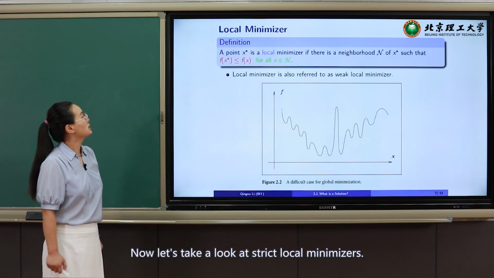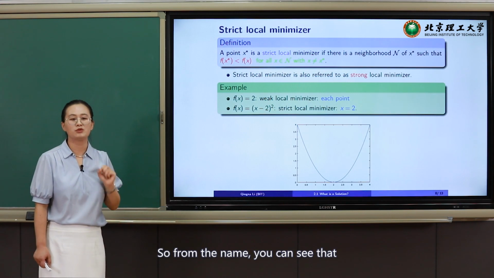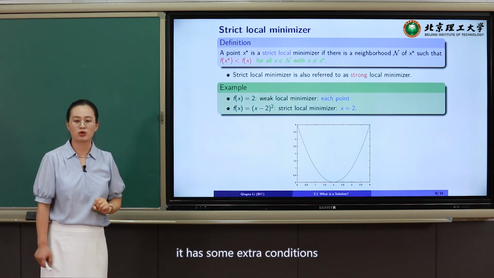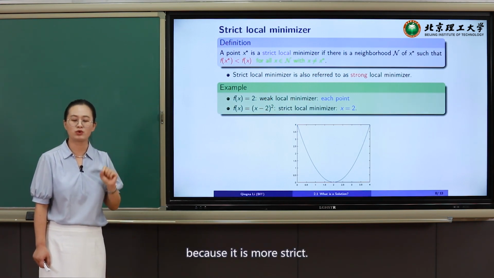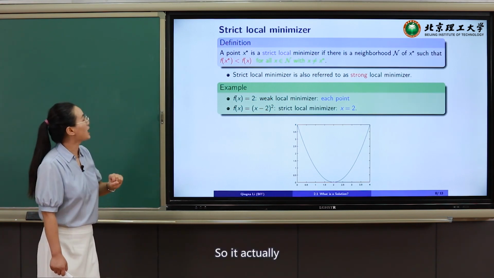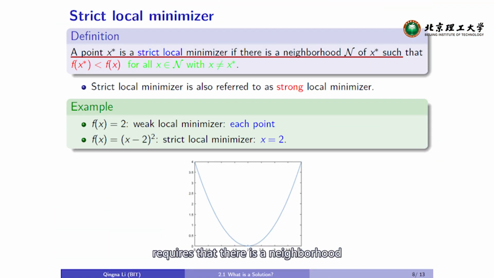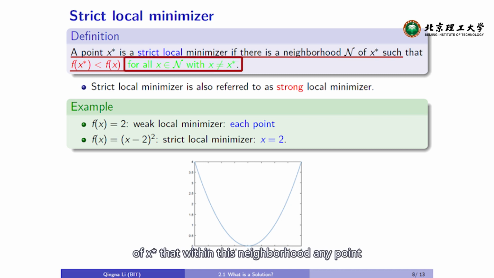Now, let's take a look at strict local minimizer. From the name, you can see that it has some extra conditions because it is more strict, right? So what is a strict local minimizer? It actually requires that there is a neighborhood of x star such that within this neighborhood, any point other than x star has a function value strictly greater than f(x star).